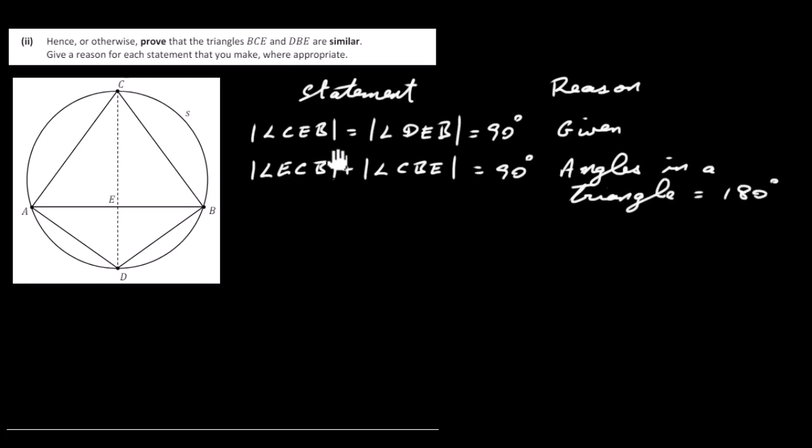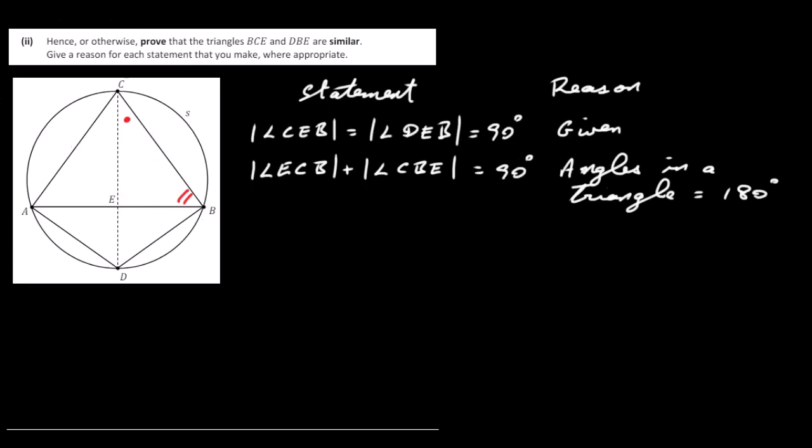So what I'm saying there is angle ECB, this angle here, plus angle CBE, this angle here, they must add up to 90 degrees, because this angle here is 90 degrees, so these two added together must be 90 degrees.